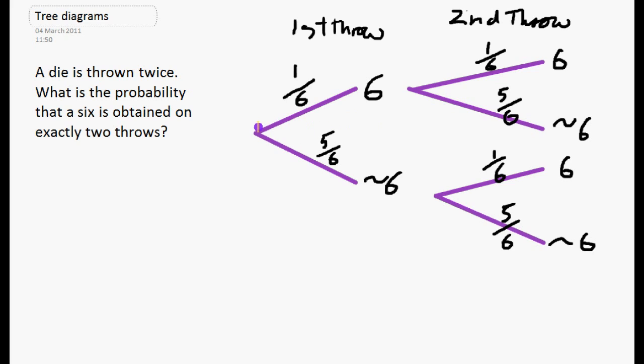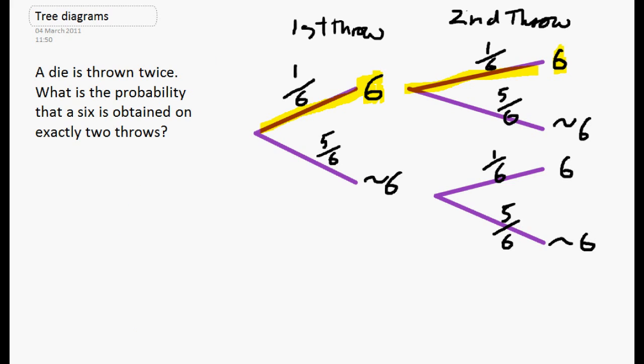So we need a 6 on the first throw, so we're going to go this branch. We need that 6 here, and we need this 6 here. So 1/6 of the time we're going to get this 6, and after this 6, 1/6 of the time again we're going to get this 6.